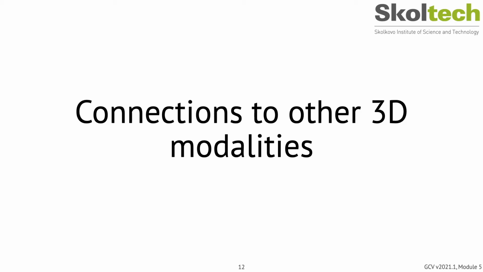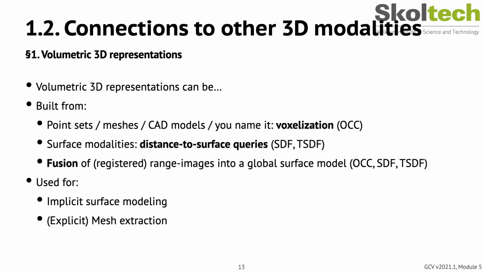Right now we have not figured out, except for the dense volumetric grid, how to actually specify the representation, but how it is relevant to other available 3D modalities such as meshes or range images or point clouds. It turns out it's directly connected to all of these representations.